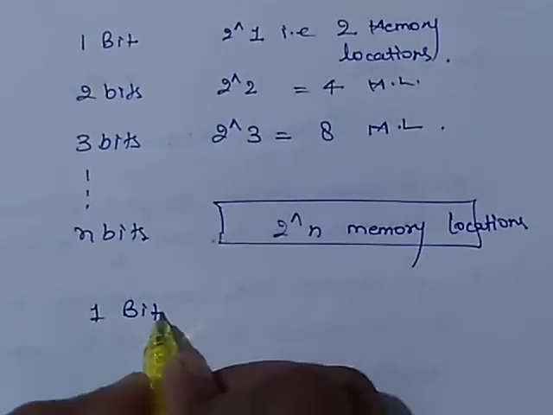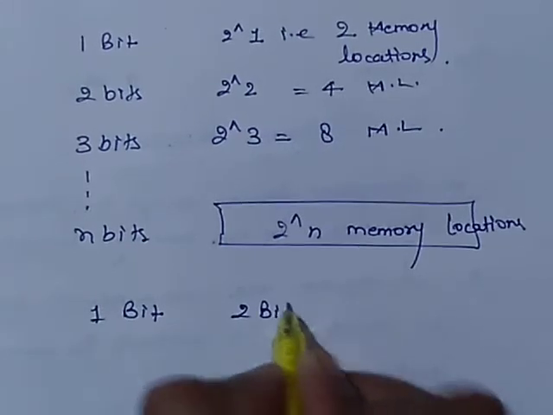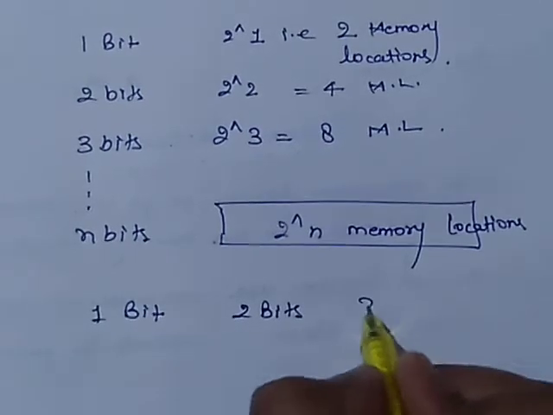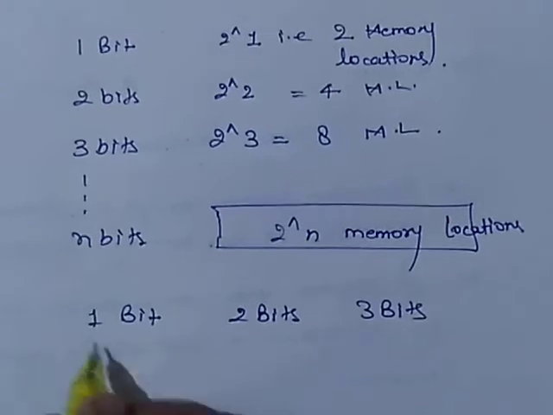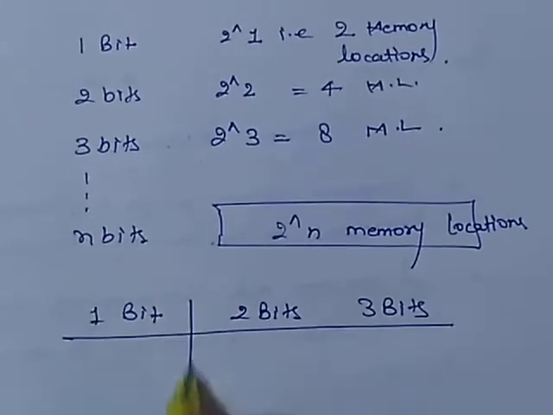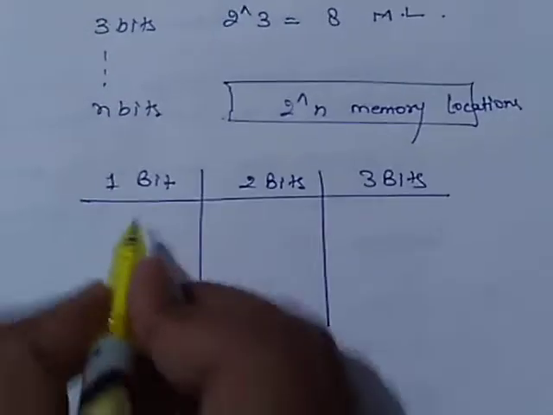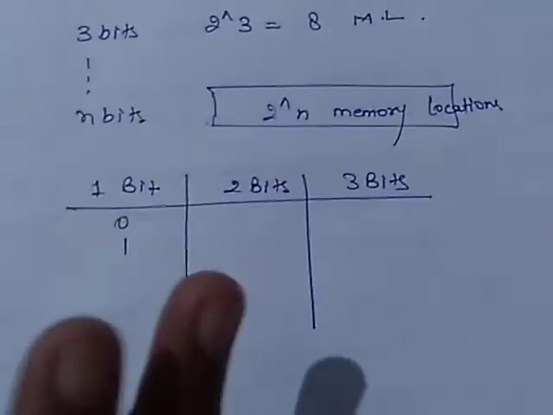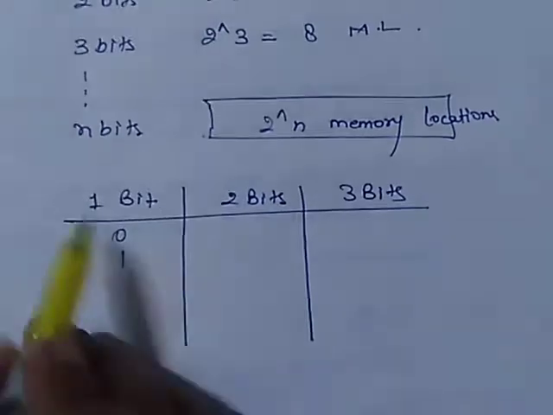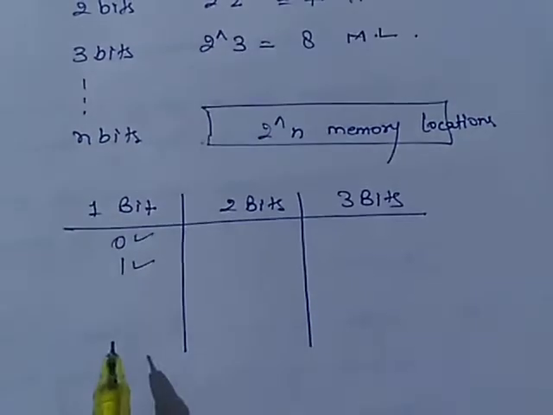We have 1 bit, we have 2 bits, and we have 3 bits. Now with 1 bit we address 2 memory locations, that is one is 0 and another one is 1.